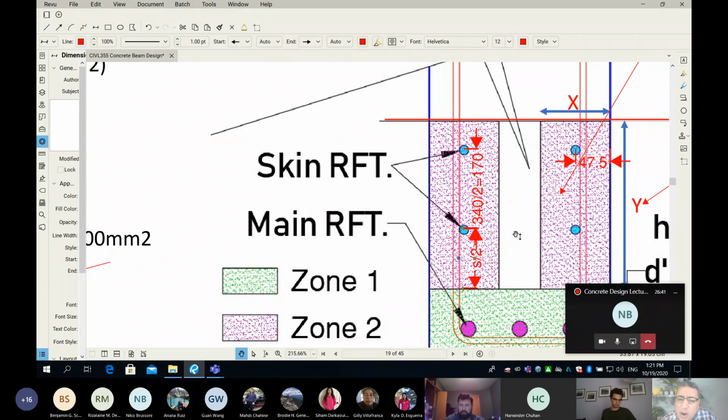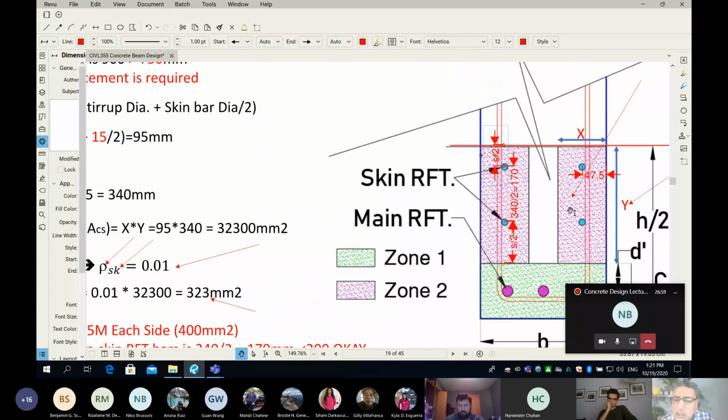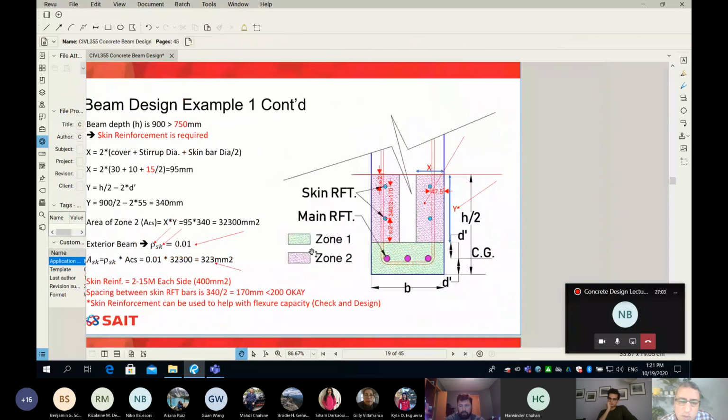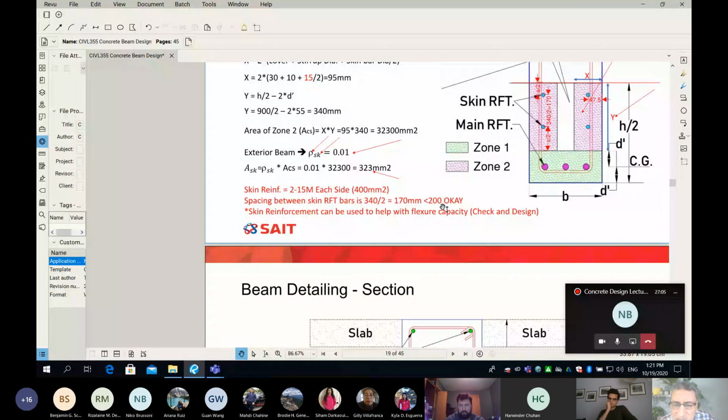And from this bar to the top, this one is also S over 2. So that's 1S plus 1S, so we have 2S. If 2S equals 340, which is Y, then my spacing between the skin reinforcement is 170, less than 200.